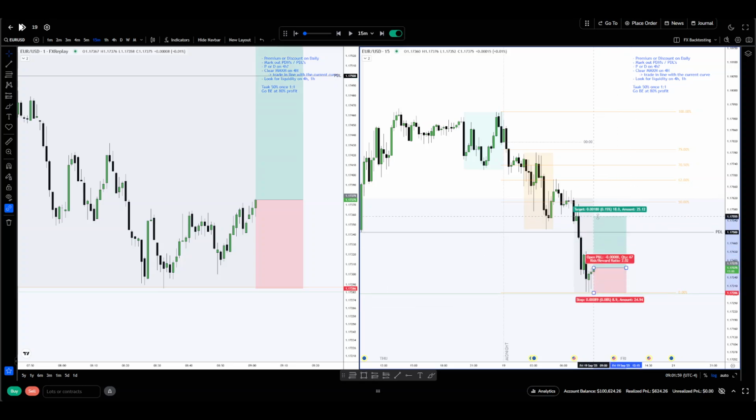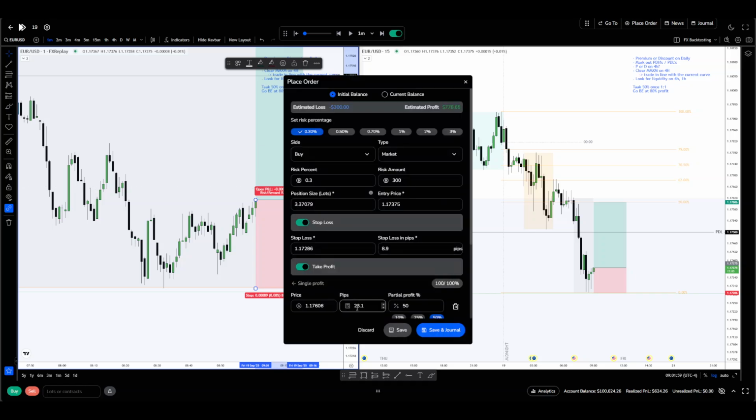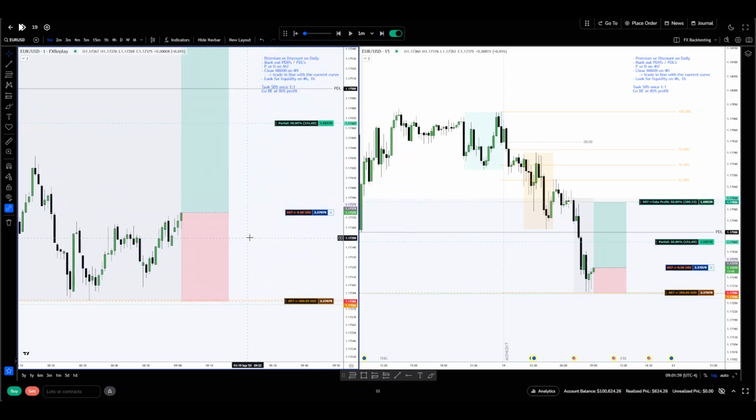But I'm willing to trade to here, or maybe to here at 50. So let's take this one and manage it aggressively. So I'm going to enter here at market, like so.